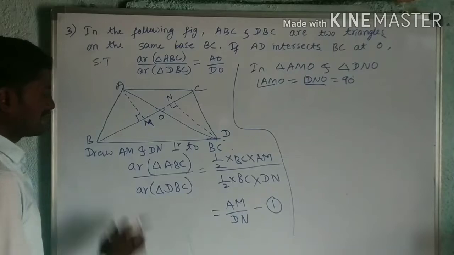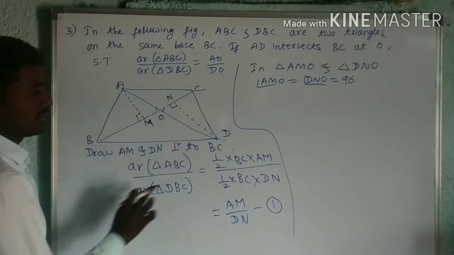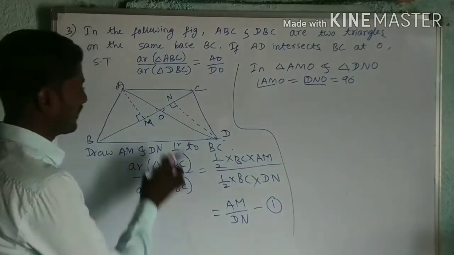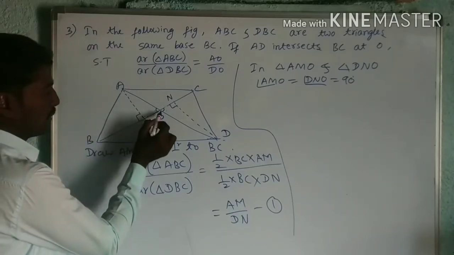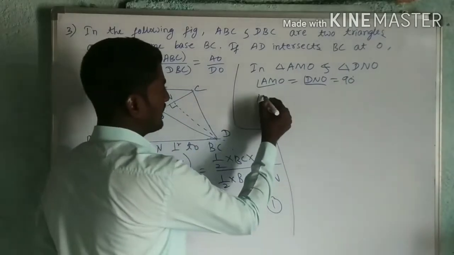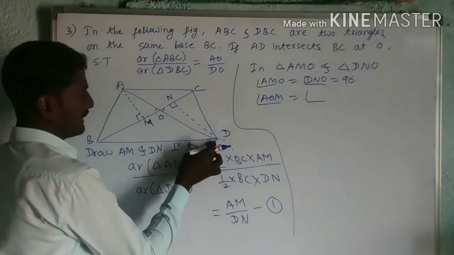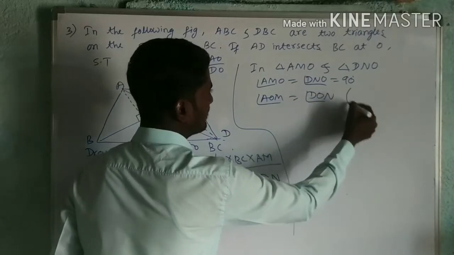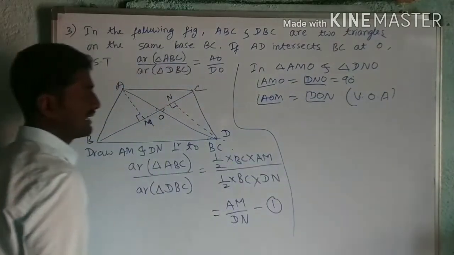So initially I drew AM and DN perpendicular to BC. So this is 90 degrees, one angle I got. Then these two angles are also equal. Angle AOM is equal to angle DON because they are vertically opposite angles.